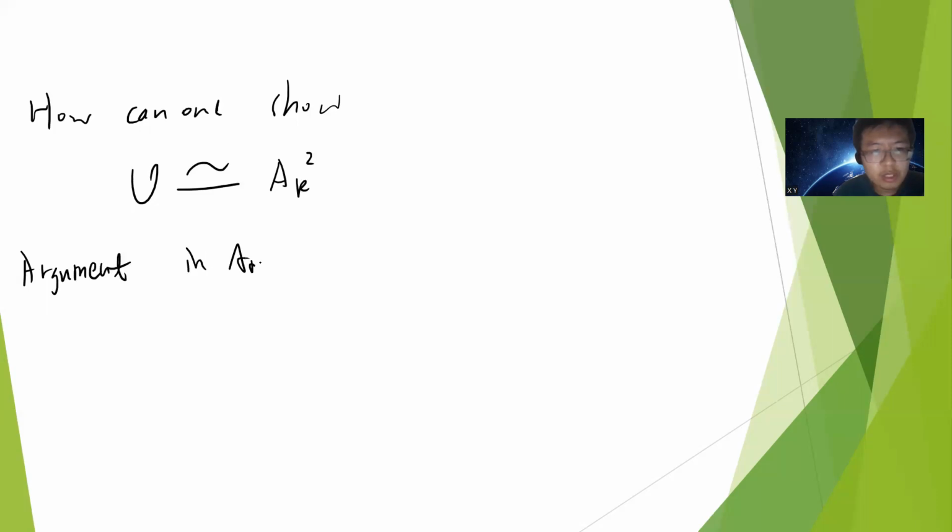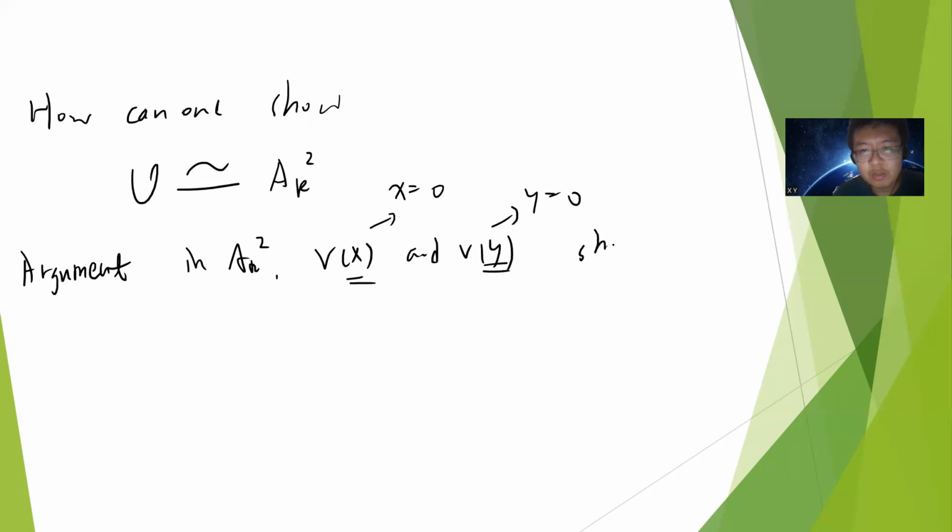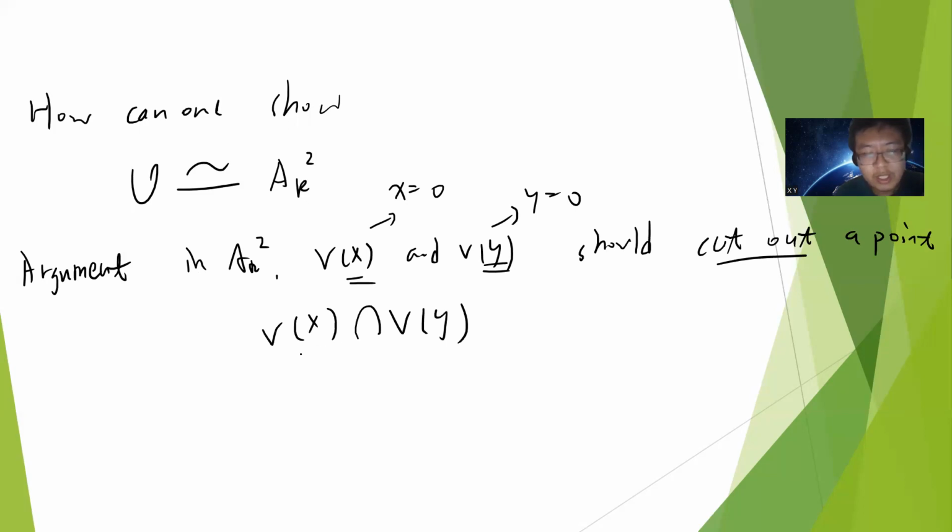The argument is just saying that in A^2, if you take V(x) and V(y), the vanishing sets, basically this just tells x is 0 and y equals 0, right? It should cut out a point. This is the same as V(x) intersection V(y).